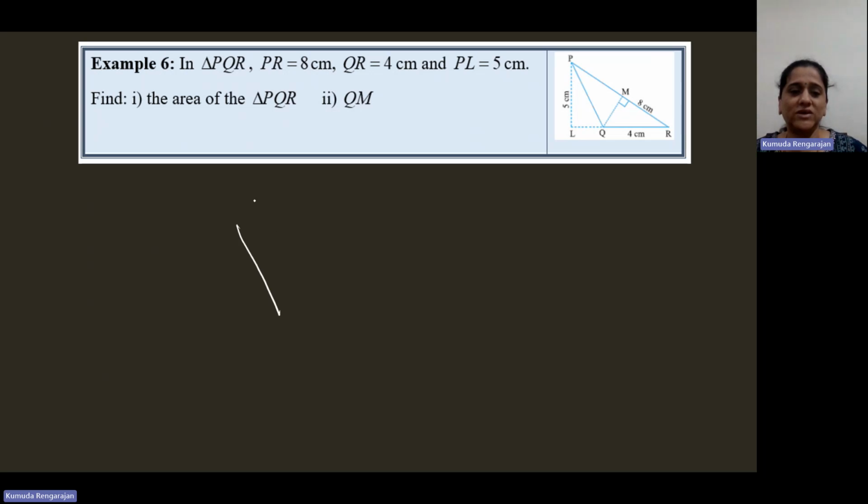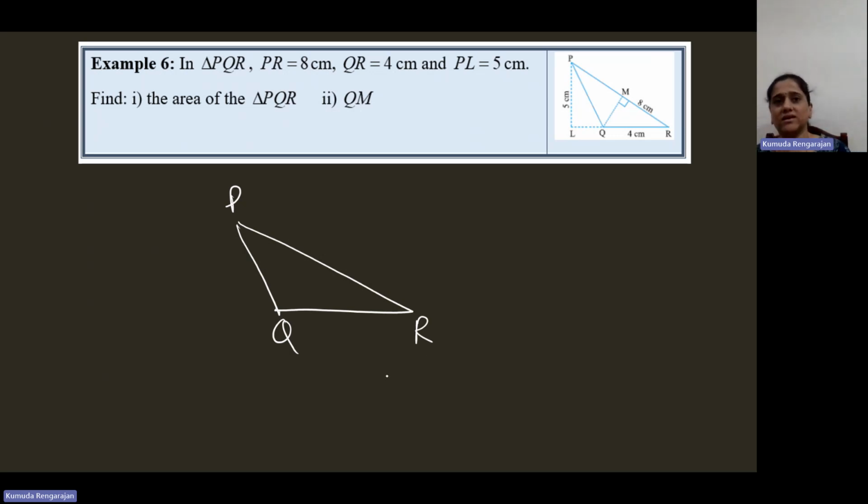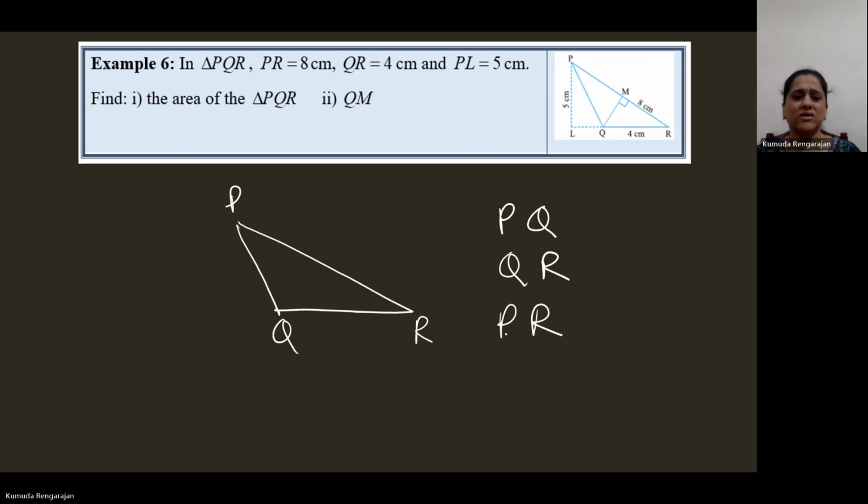The triangle is PQR. Name the three sides of this triangle. PQ, QR, PR or RP. You can say PQ or QP.